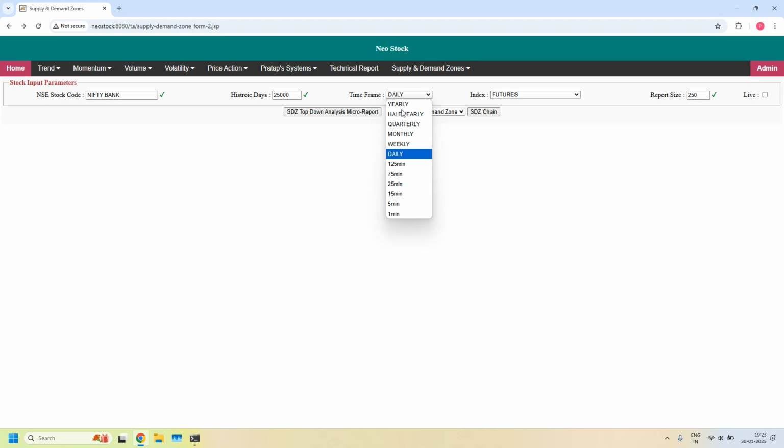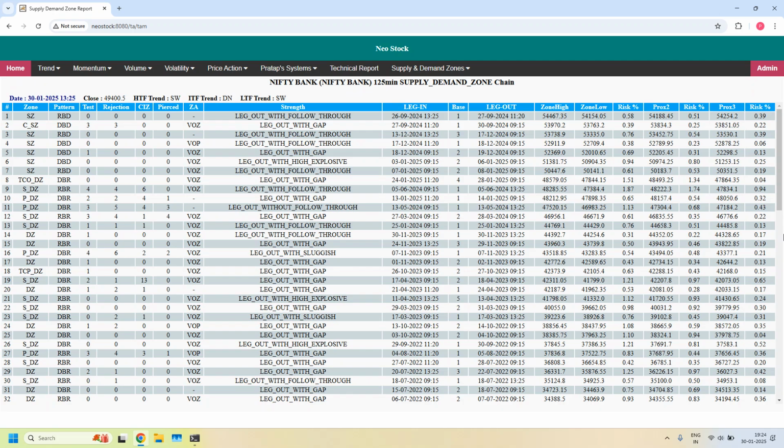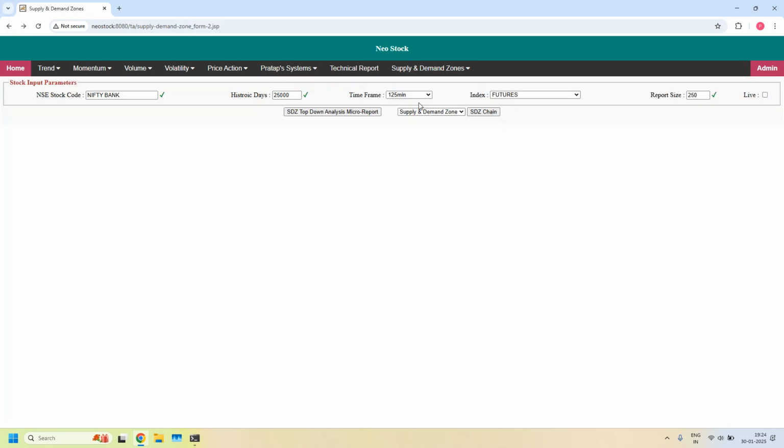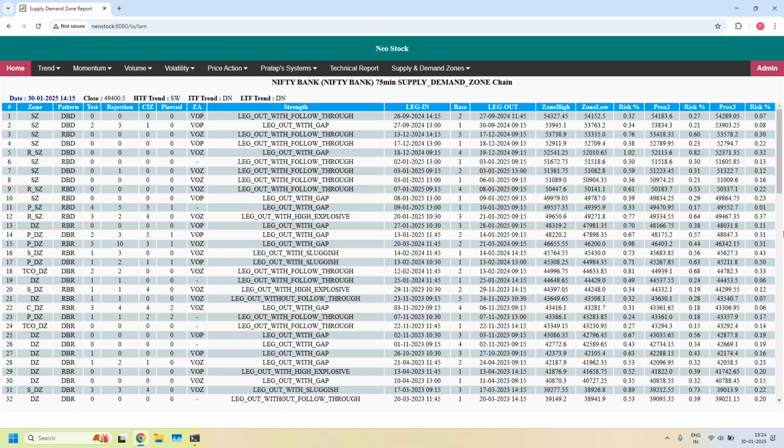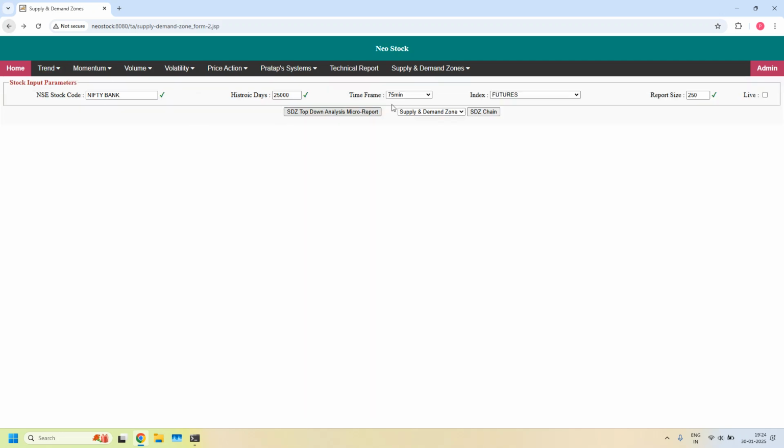Next, 125-minute supply demand zone chain for Bank Nifty. Next, 75-minute supply demand zone chain for Bank Nifty. Next, 25-minute supply demand zone chain for Bank Nifty.